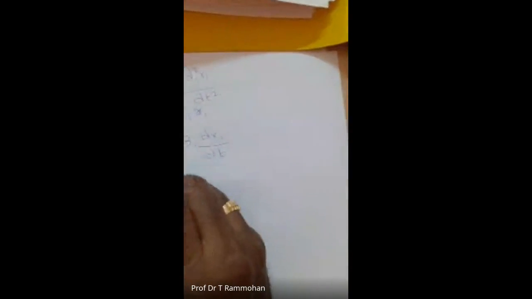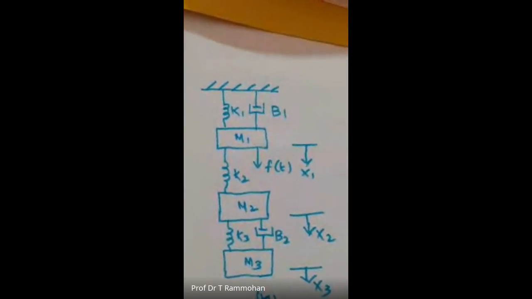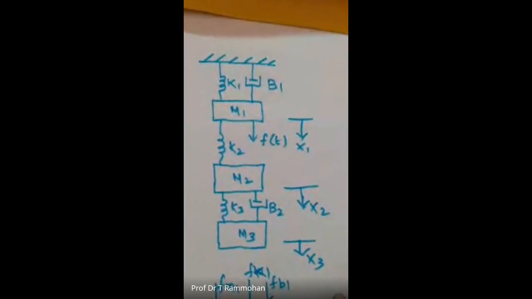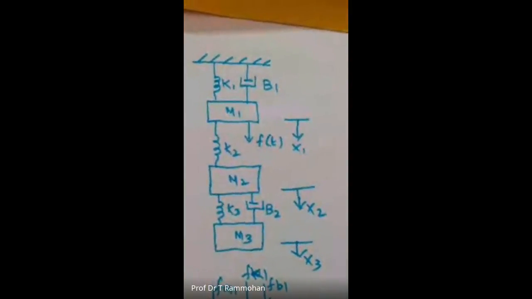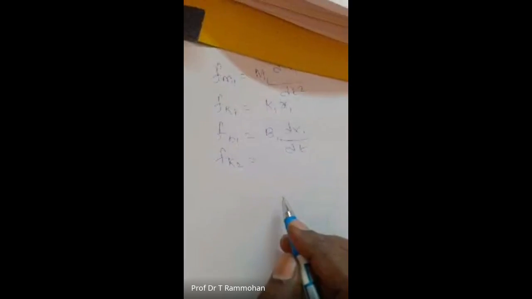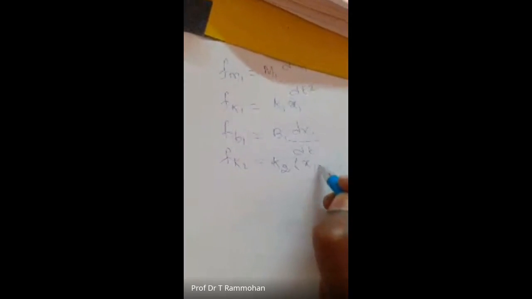FK2, I am writing here. FK2 is the component. You can refer to the original diagram now. K2 is a spring connected between 2 masses, so it has 2 displacements, x1 and x2. Now the opposing force FK2 equal to K2 into x1 minus x2.